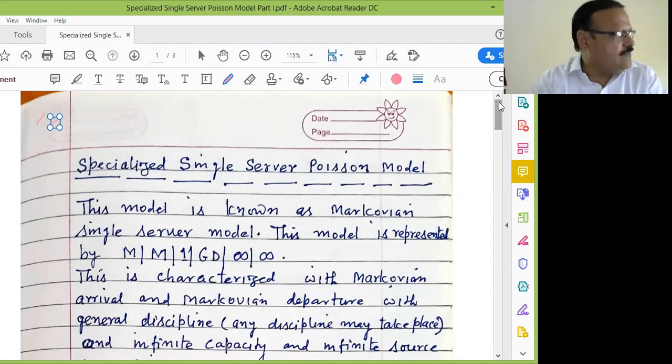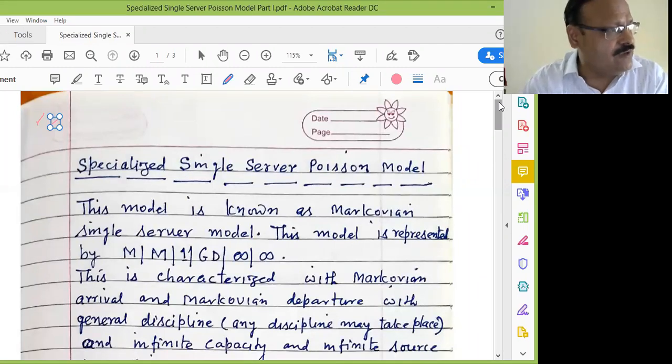We got the balance equation. Thereafter, with simplification and a little mathematical manipulation, we arrived at a very important formula, the general Poisson formula of Pn.